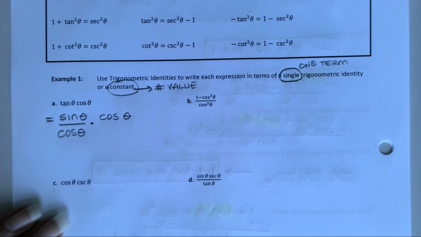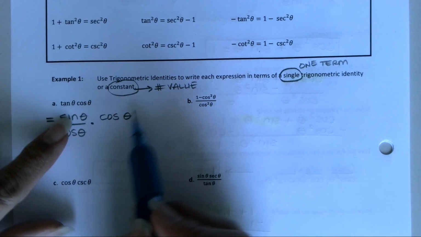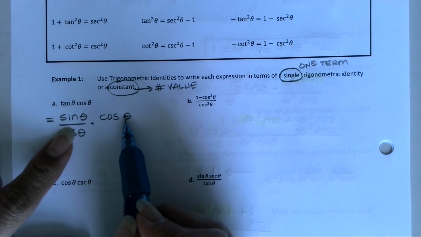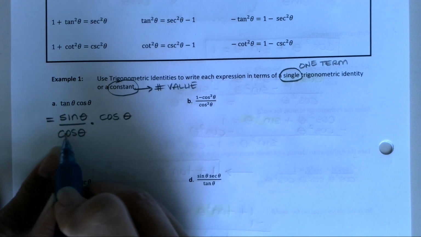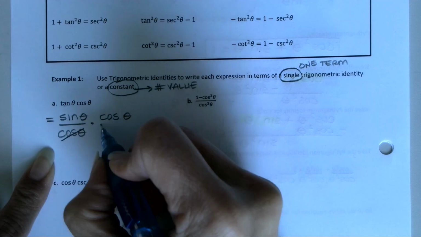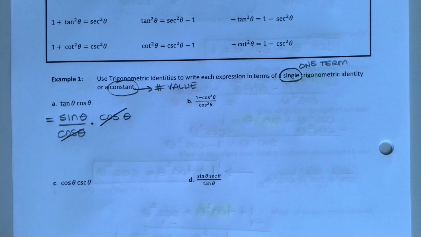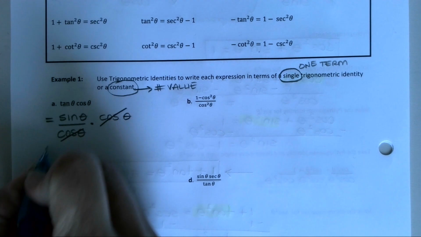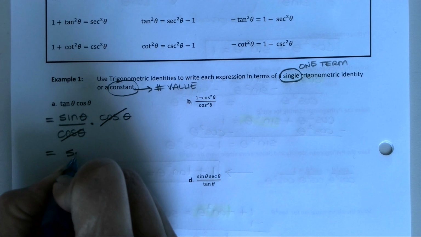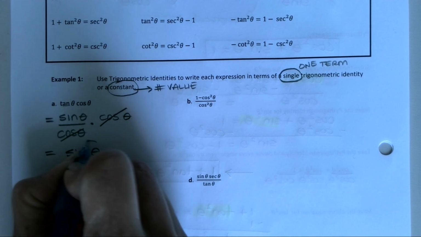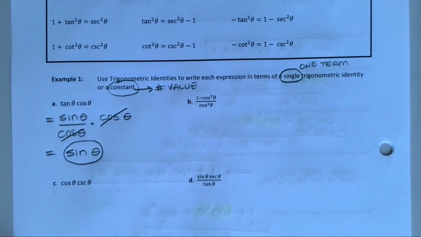So what's going to happen here is because we have multiplication happening and this numerator and this denominator are identical, I am able to reduce because cosine divided by cosine is 1. So sine theta times 1 is just sine theta, and I'm done because I arrived to a single term answer. And my problem is finished. Okay?